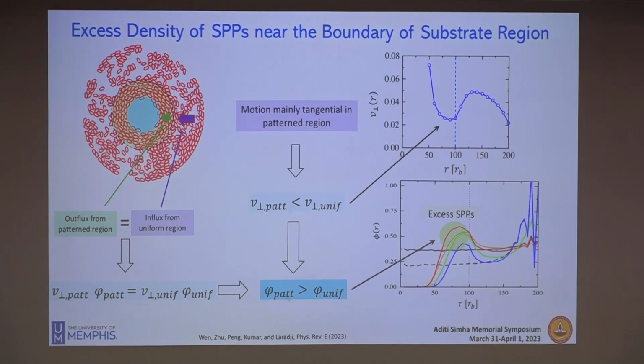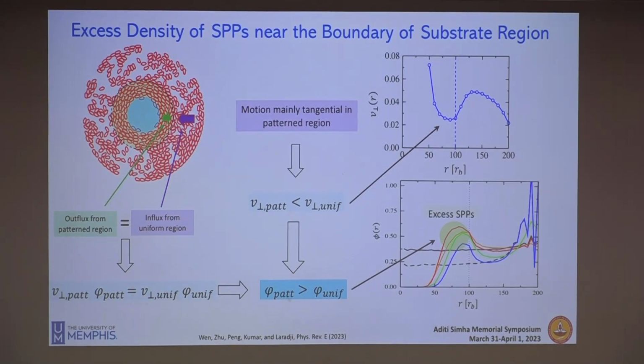So the normal speed of the particles in the patterned region is actually lower than that in the uniform region. The higher radial speed here, for smaller radii, is because of that tendency of the substrate to push the particle outward, as I discussed earlier.